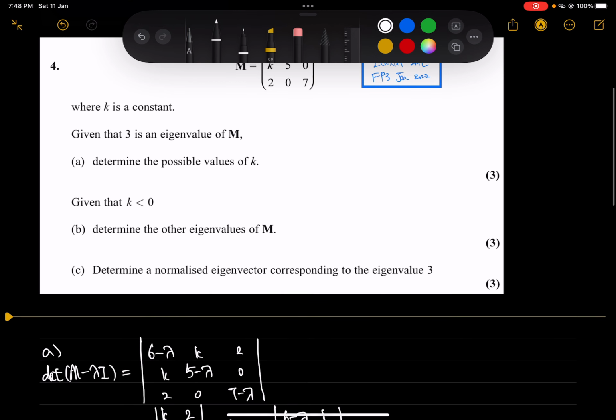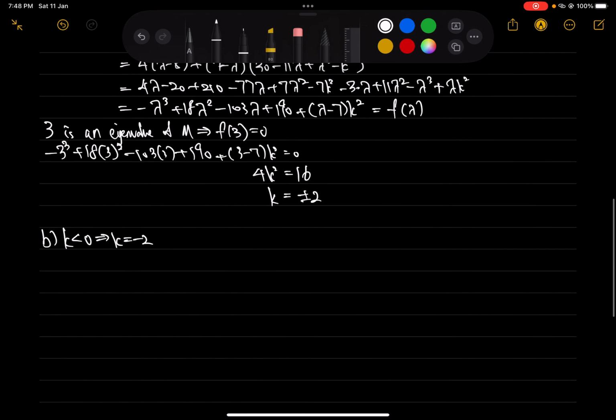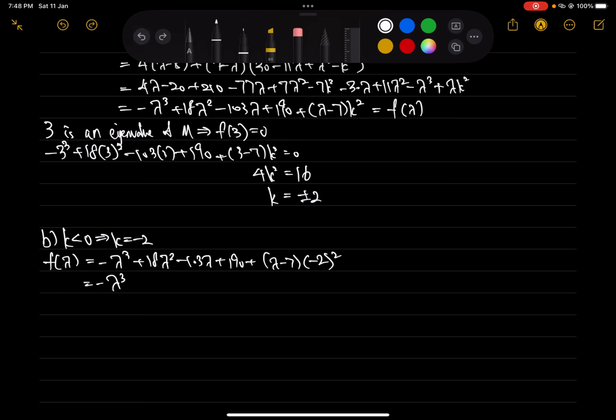So we need to find the other eigenvalues of M. So obviously we have to simplify f of lambda again, which means we have this function that's 4 lambda minus 28, and then we need that equal to 0.